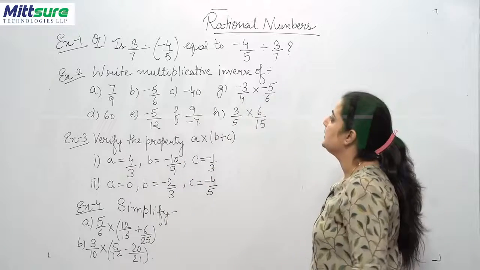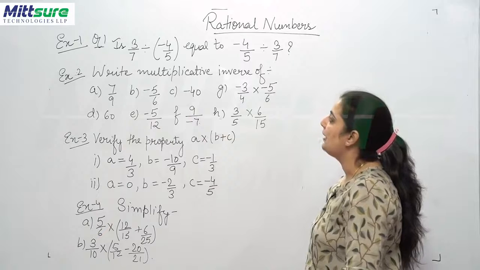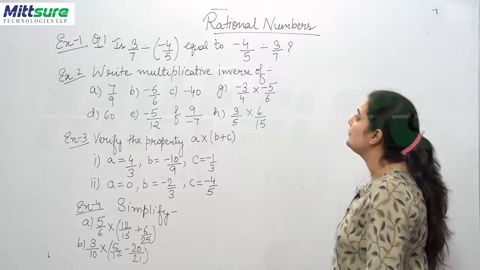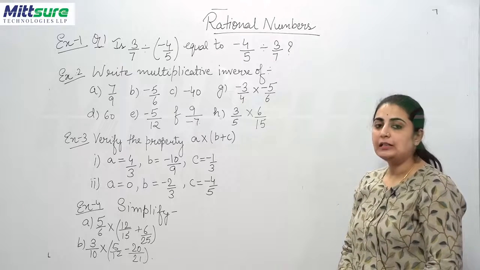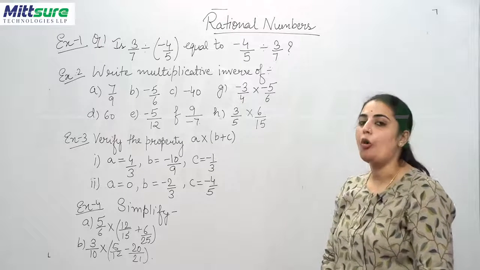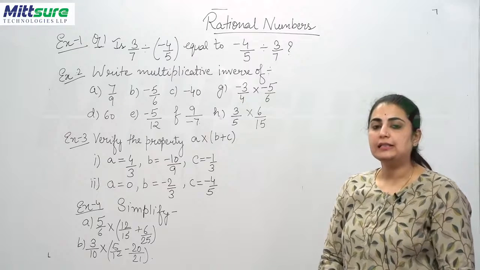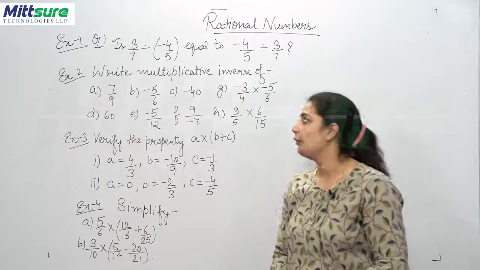So the first question says: is 3 upon 7 divided by minus 4 upon 5 equal to minus 4 upon 5 divided by 3 upon 7? So whether the given two rational numbers, when their order is kept similar or different, does it make any difference to the quotient or not? That is what we are going to find out.